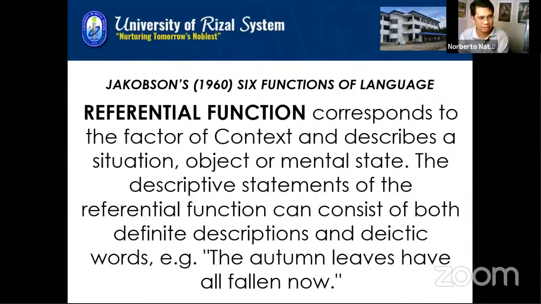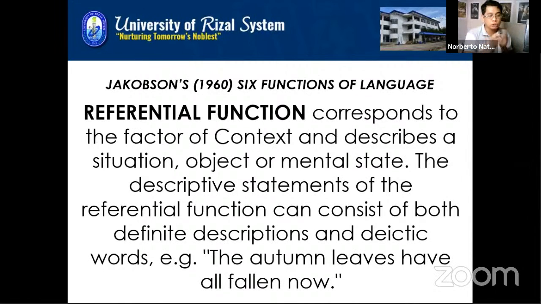Referential, reference. Take note of the term reference. Meaning to say, you are referencing, you refer to something and describe that something. When you opt to describe specifically a certain object or thing or situation, that is referential function.